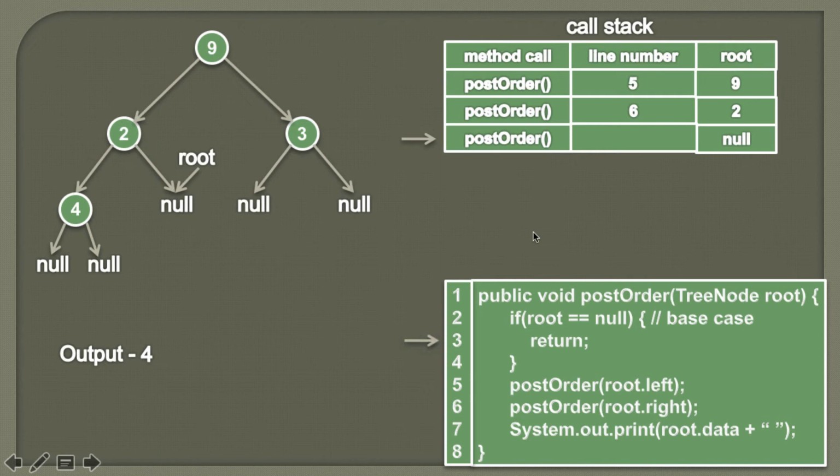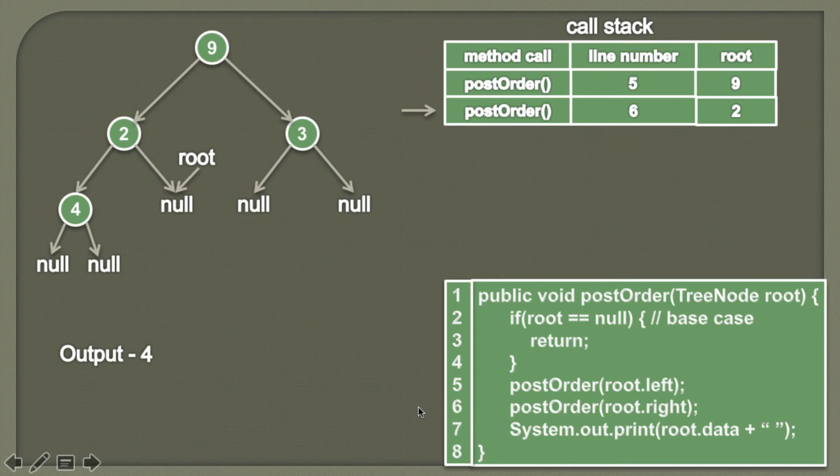So when we return from this method, we know that this post order method is executed completely. So therefore it will be removed from the call stack. And once it's removed from the call stack, the point of execution reaches to this post order method. And we also know that we have left this method at the line number 6.